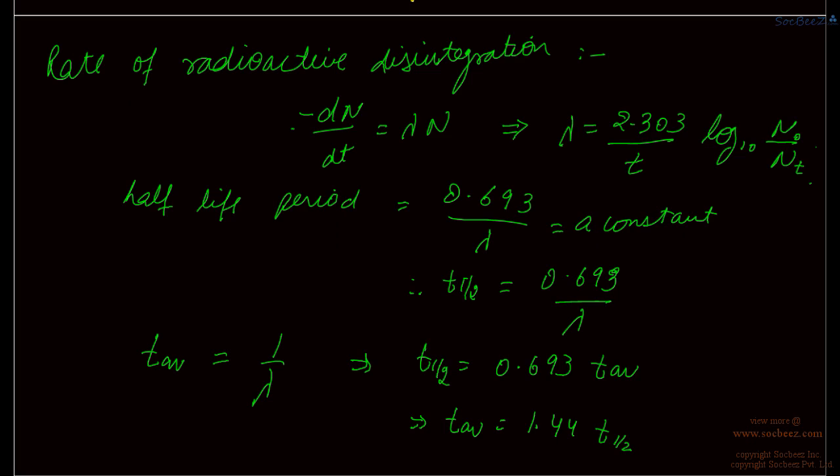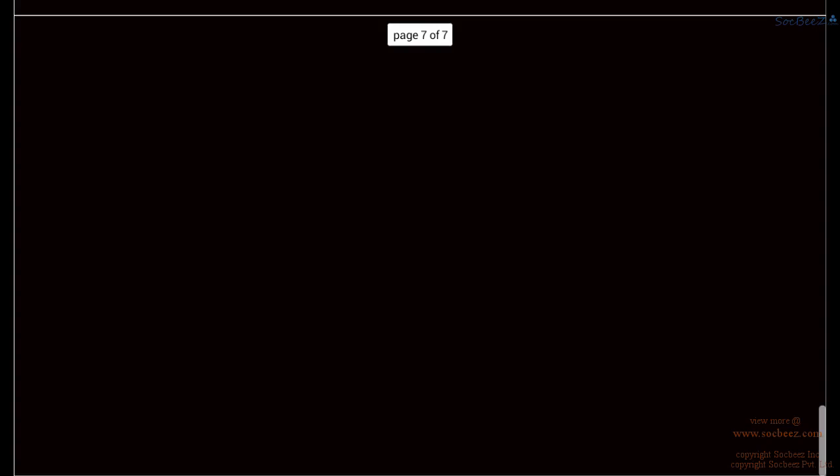Now the radioactive series. The periodic table is arranged in radioactive series known as the thorium series, uranium series or actinium series. The thorium series is denoted by 4n, the 4n series.